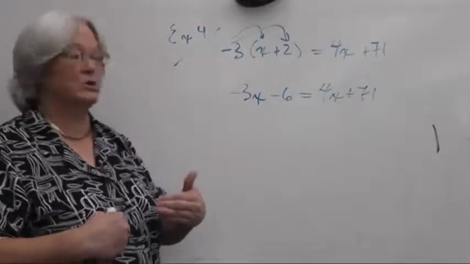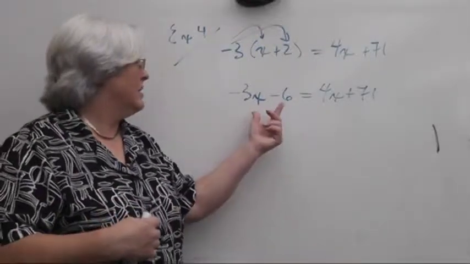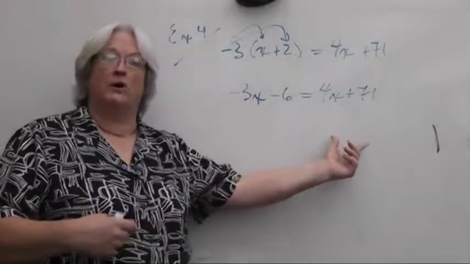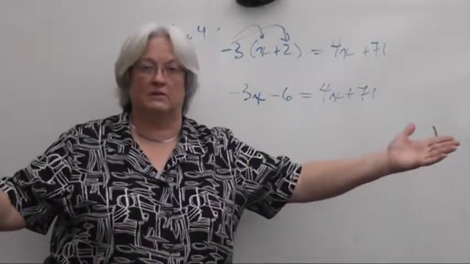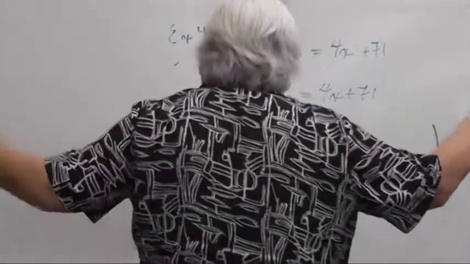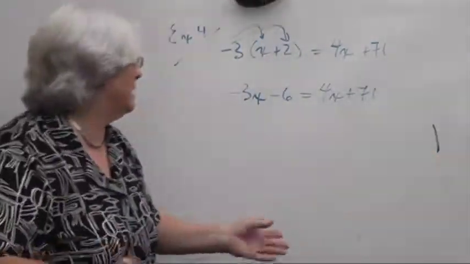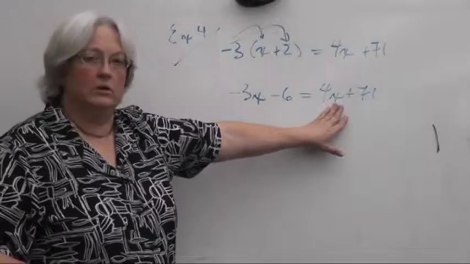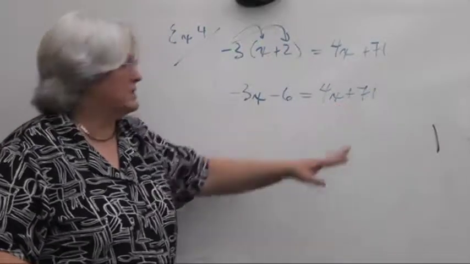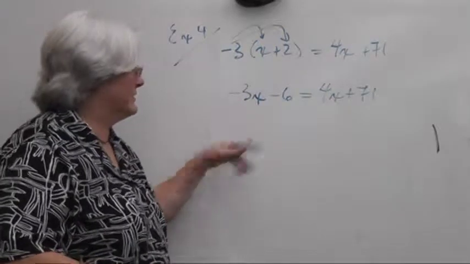So what I'm going to choose to do this time, you don't have to do it. You can solve for your variable on either side of the equation. Remember, we said if something's equal, it doesn't matter if it's this way or this way. You know that the equation is still in balance. So what I'm going to do is put my x's on the right-hand side, my constant terms on the left-hand side.